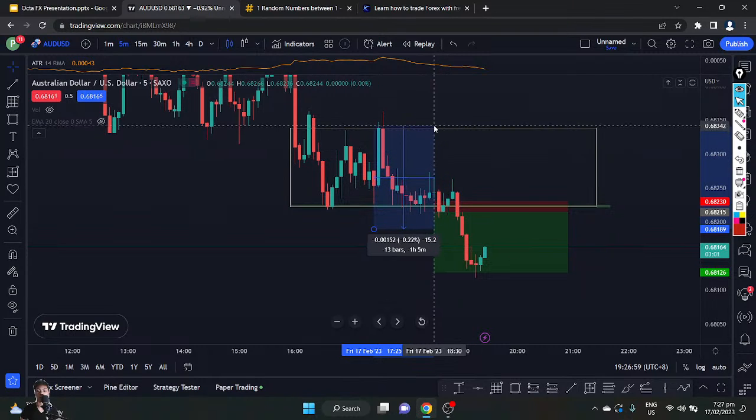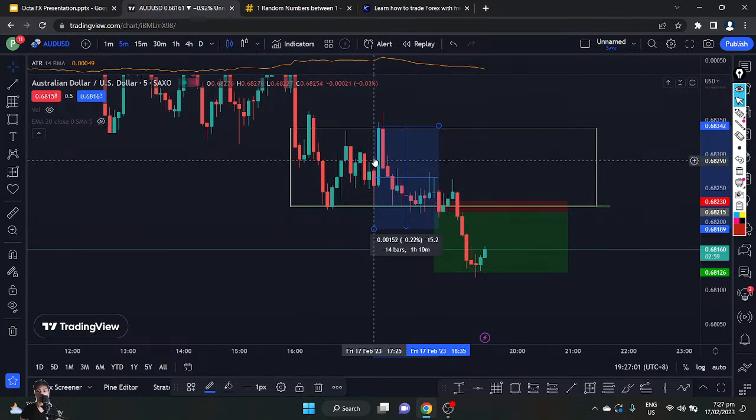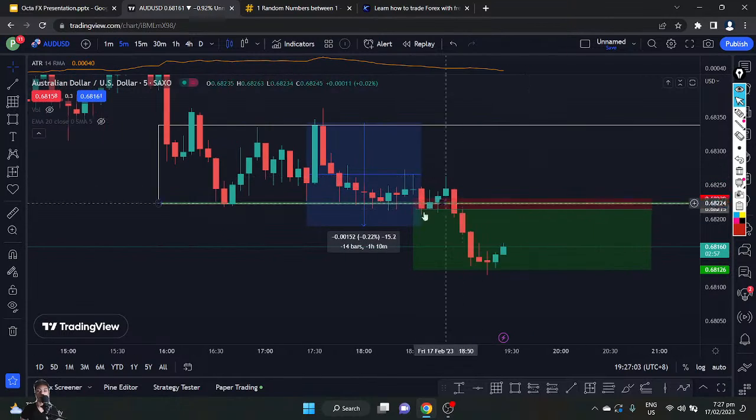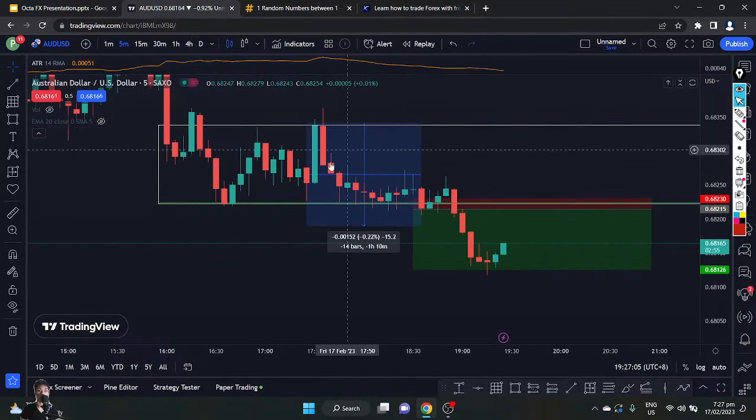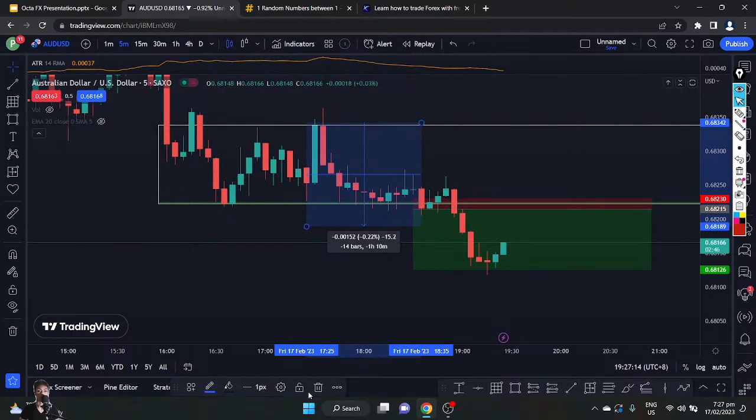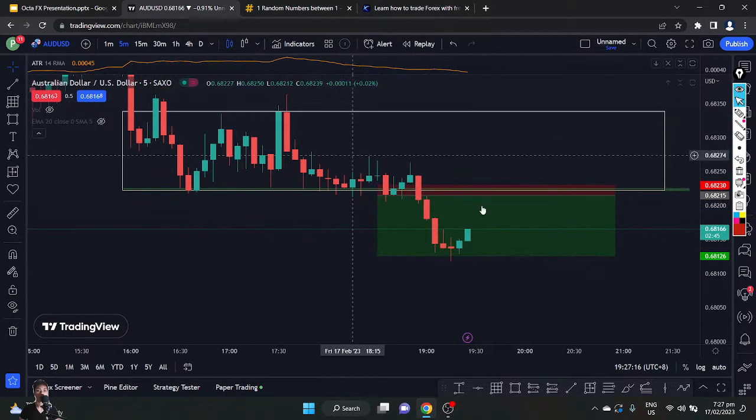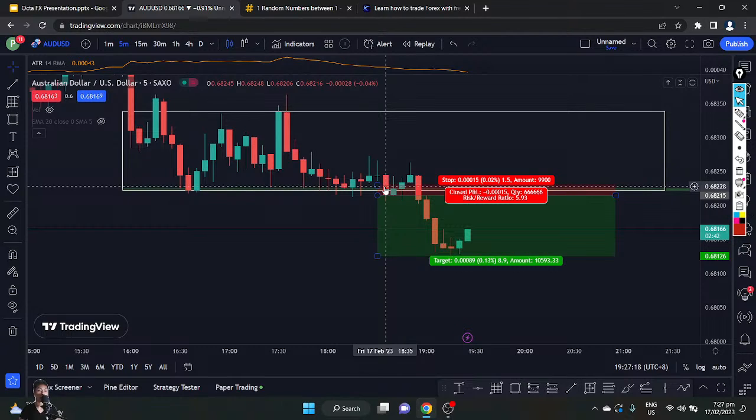So as you can see, this is our last 14 candles, beginning from our entry candle up to this candle. So this is the last 14 bars that the ATR computed. So we know that this candle has 0.00043 ATR, which is 4.3 pips.